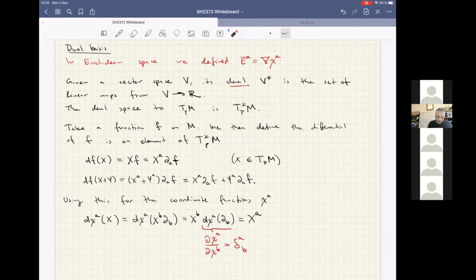And we set Ea equal to d chi a. And note here how similar this expression is with the differential of d chi a to this expression that we had up here, where the dual vector or the dual basis was defined by a derivative of the coordinate functions. In this case, we have a differential of the coordinate function that forms the basis for this dual space.